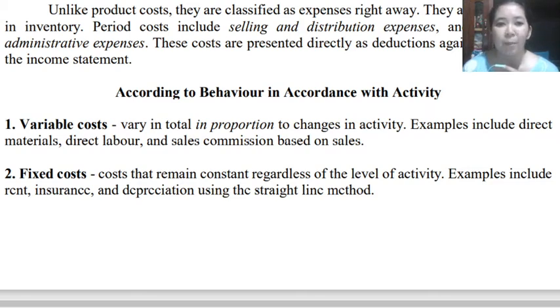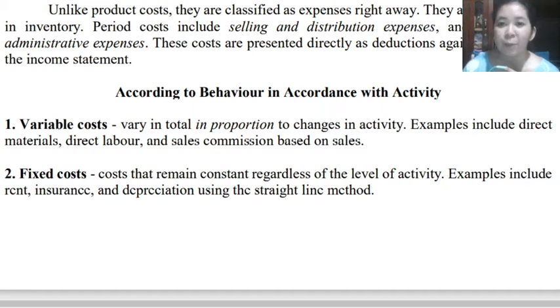So what are the examples of variable cost? These are the common examples. We have the direct materials, meaning if you will produce a product, you can account for the materials that are being used in the production of one unit or more. Basically, you will not use the materials if you will not produce. That's variable cost, because it follows the changes of the activity. Another is labor.